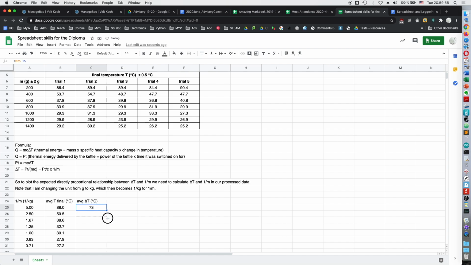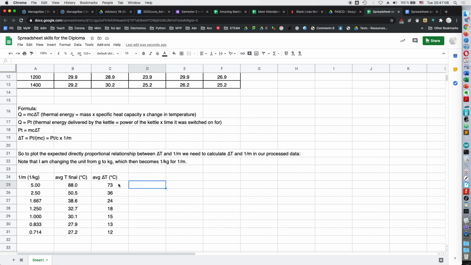You enter minus 15 and drag it down again, and there your calculation's done. This is fantastic as long as you know what you're doing. It's super fast and very reliable. It takes you way less time than using a calculator, and the calculator is of course a lot more prone to errors as well.